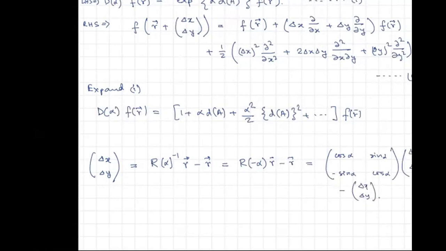And now again, what we need to do is take alpha as being small, and hence cos alpha is going to be approximated by 1 plus, dot dot, alpha squared, and sine alpha is going to be alpha, and you put these back into the equation.